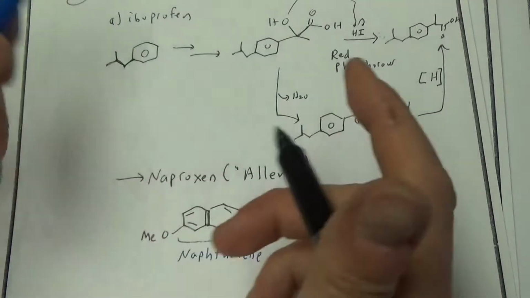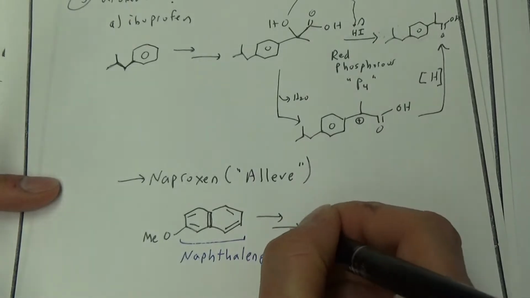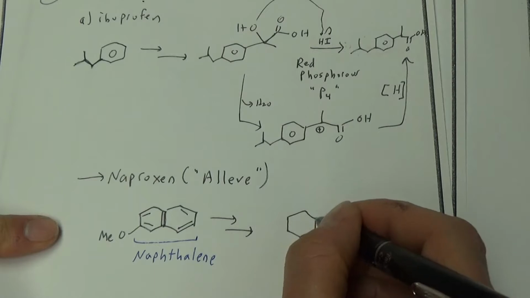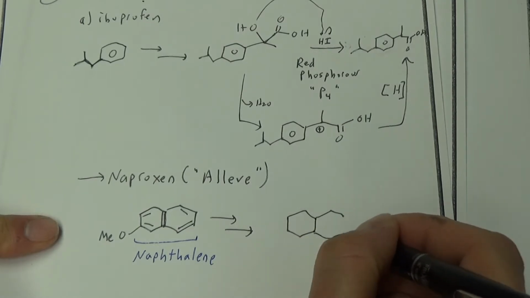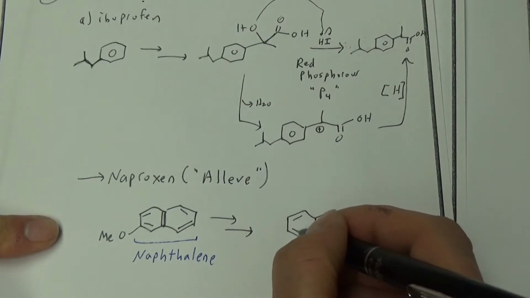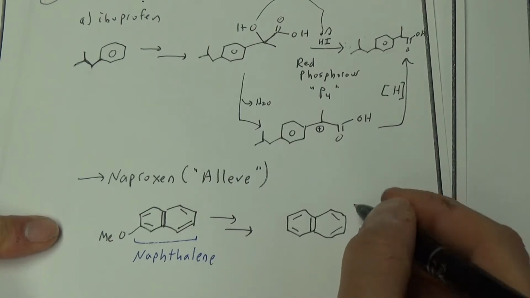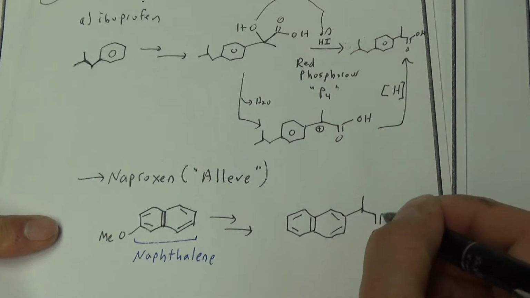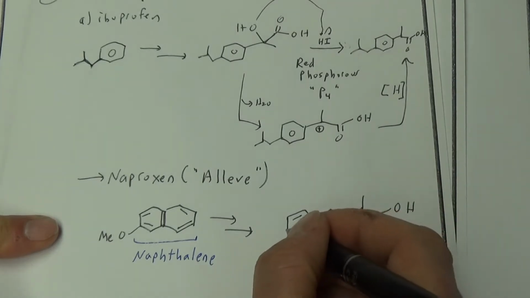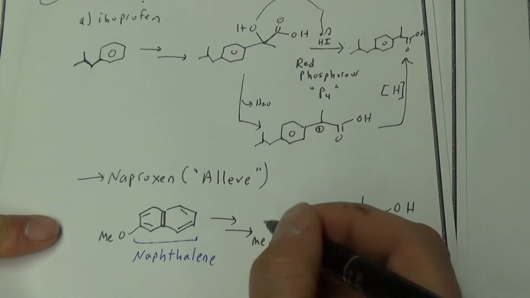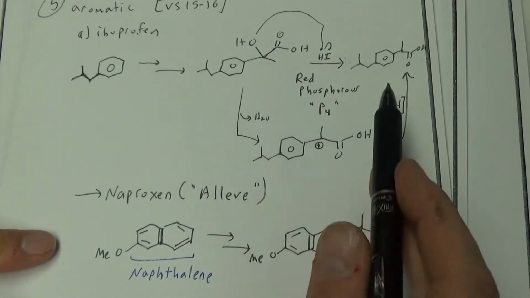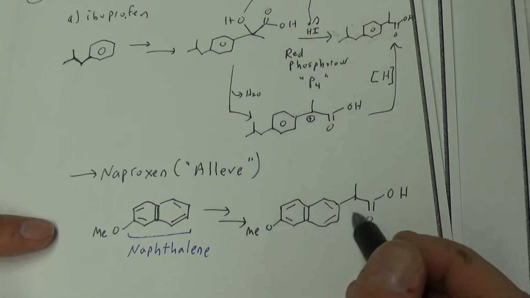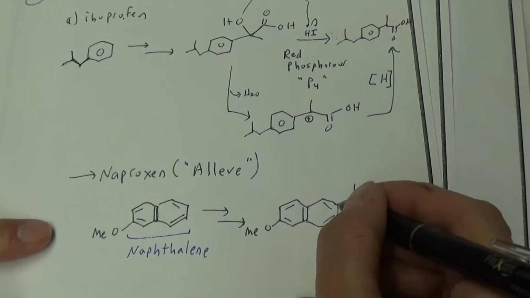You have methoxynaphthalene. They do essentially the same exact thing to get to the final drug, naproxen. I won't show it. But anyway, now you know how ibuprofen's made, and also the related drug naproxen, which is another NSAID drug.